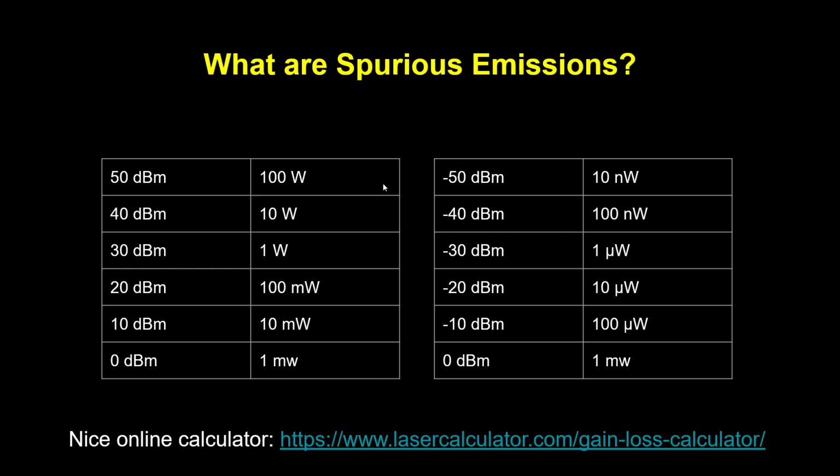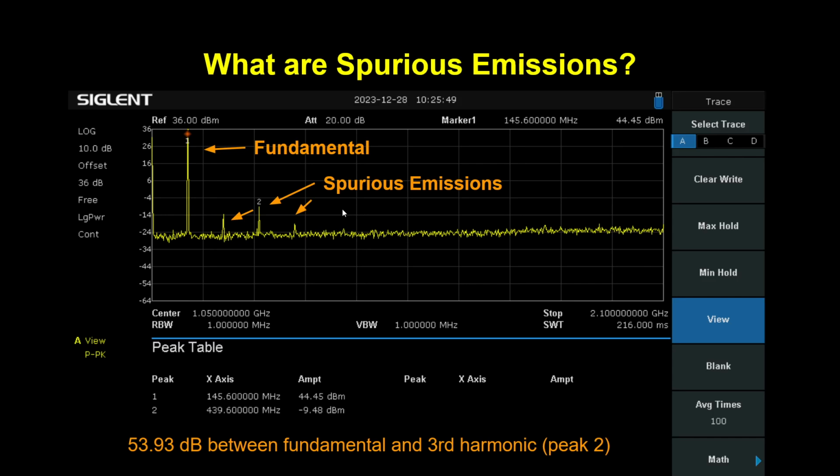So right here we can also calculate these decibels, which is just a difference in power, and dBm is a reference to 1 milliwatt. So with the 44.45 dBm, we can calculate the actual wattage of our signal.